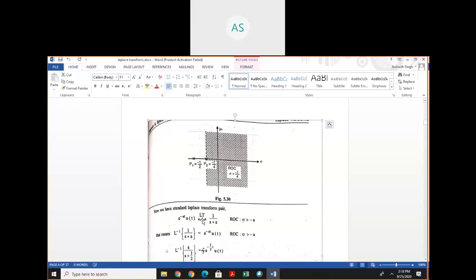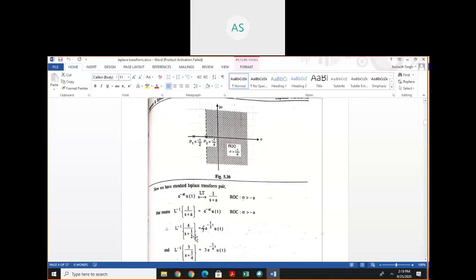Here we know that the standard Laplace transform pair is: e to the power minus at u(t). If we take the Laplace transform of e to the power minus at u(t), we get 1 by s plus a, and the ROC is sigma greater than minus a.